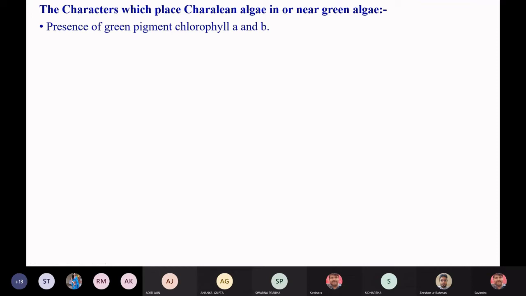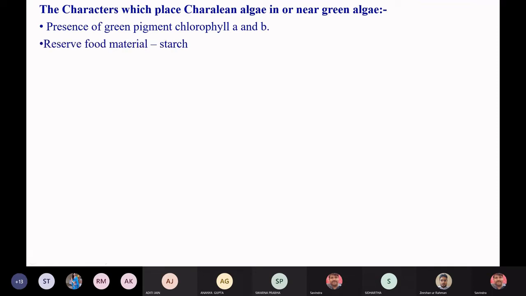According to Fritsch, only Chlorophyceae and Euglenophyceae are the 2 classes having chlorophyll a and b. The rest of the classes have chlorophyll a and some other pigment, but no other class has b. That's why Fritsch kept Charophyceae in green algae.